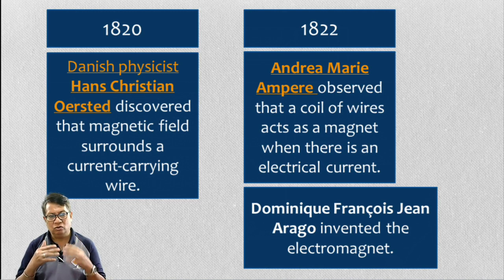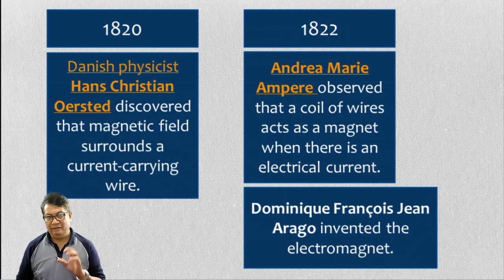Talking about a coil of wire, this is a wire having many turns. If a current flows through many turns of wire, it will produce a magnet, and we call that an electromagnet.